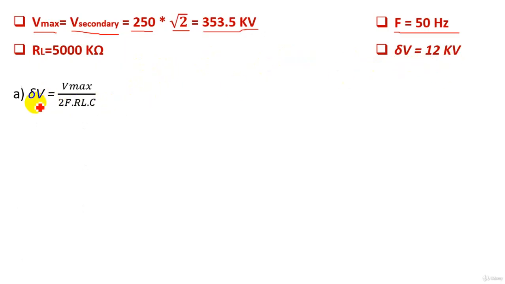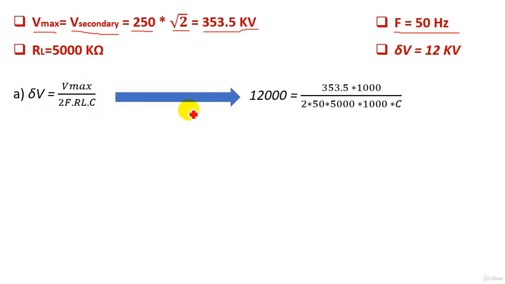We can use the equation of the ripple voltage obtained from the half wave rectifier circuit. This equation says that the ripple voltage equals the maximum voltage, which is the maximum of the secondary of the transformer, over 2 f R_L C. From this equation we know that the ripple voltage is 12 kilovolt and the maximum voltage is obtained here as 353.5 kilovolt.